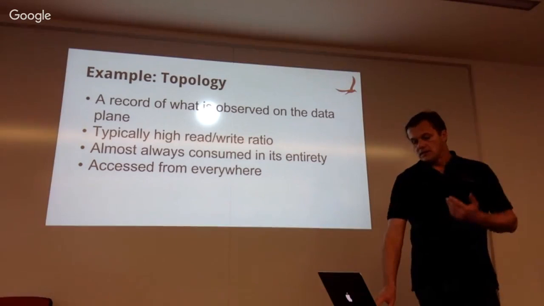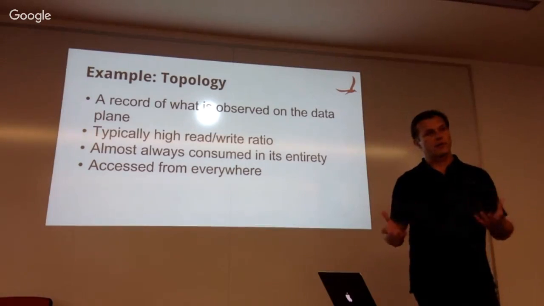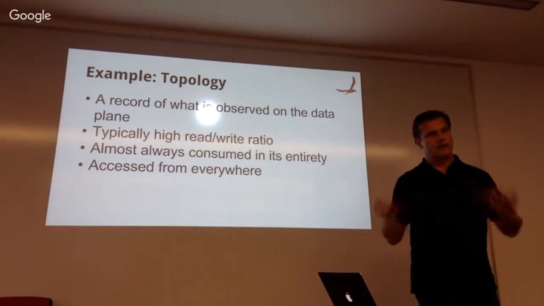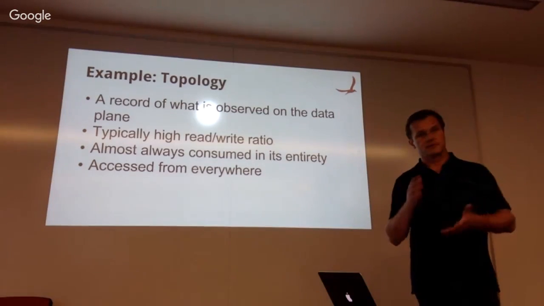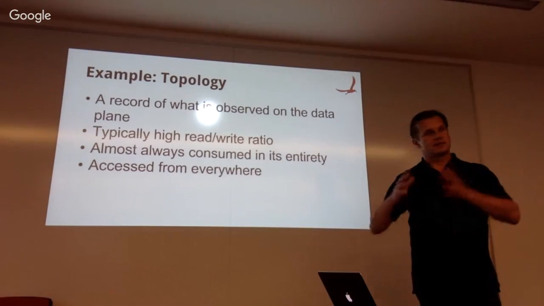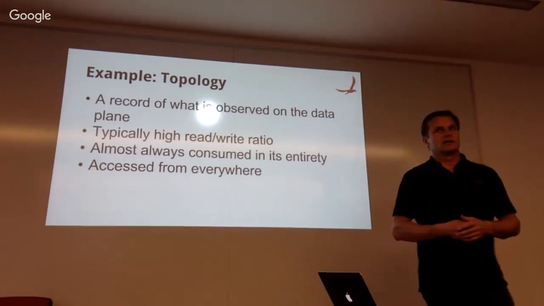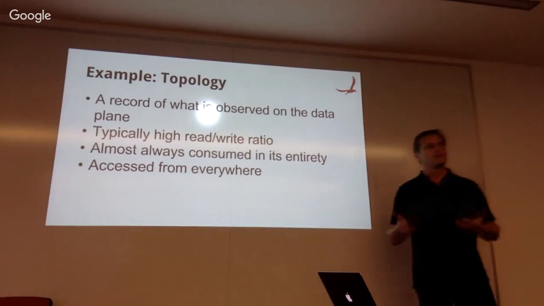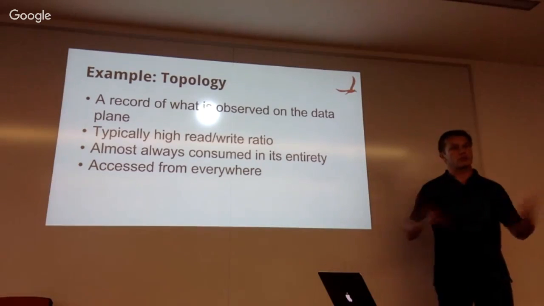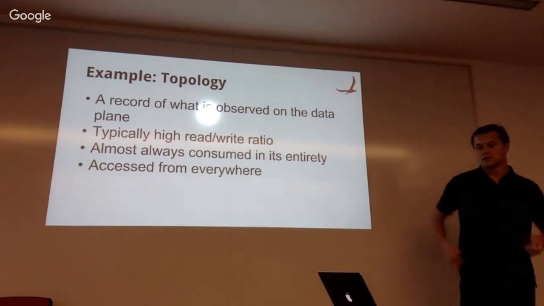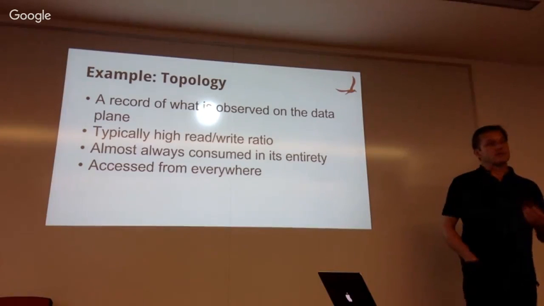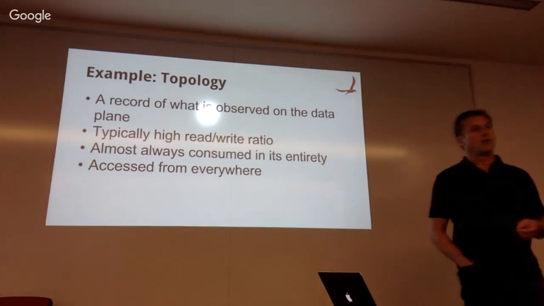And so the idea here is that the information is also accessed from everywhere, so it needs to be cached and distributed entirely. It cannot be sharded, because if the topology state is partitioned, then algorithms which need the entire view of the topology graph become bottlenecked by having to access information from peers. So this stuff is read very, very often.